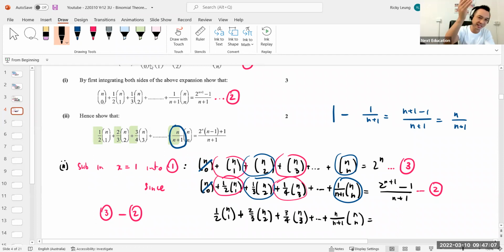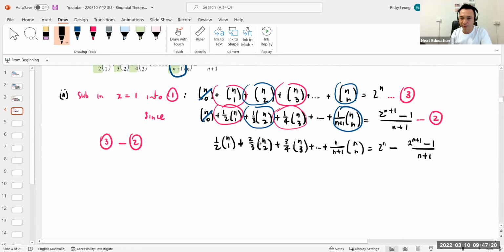Right? I have exactly what I want on the left. Now, on this side, it'll be 2 to the power of n minus 2n plus 1 minus 1. I'm almost there, right? I just got to clean up the algebra on the right, maybe common denominator that. Almost there. So 2 to the power of n plus 1.